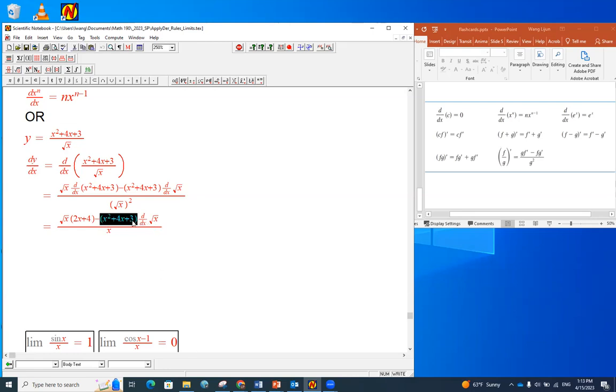And the second part is the derivative of square root of x with respect to x. So what do we get here? You can use the formula that we did before, but since we know the derivative of square root of x is 1 over 2 times square root of x, we derive that.